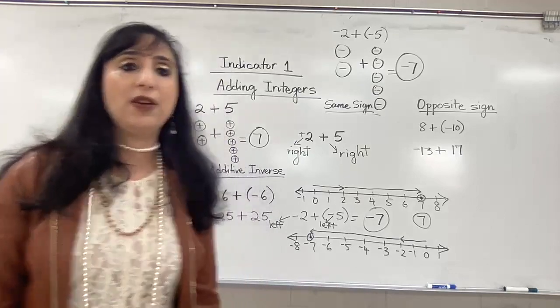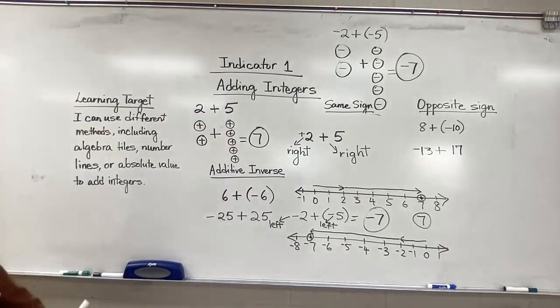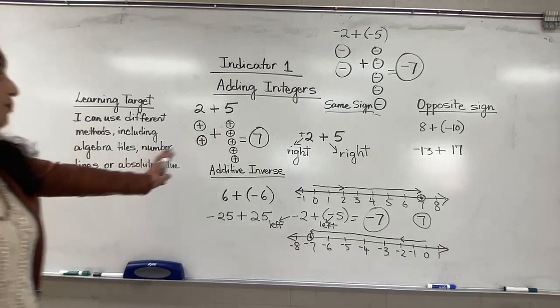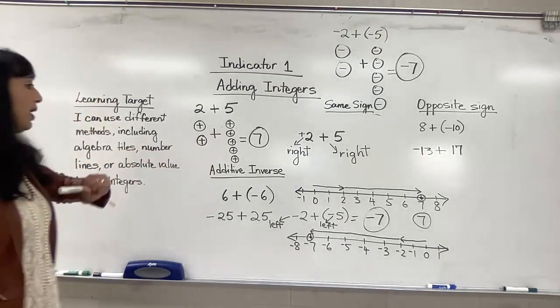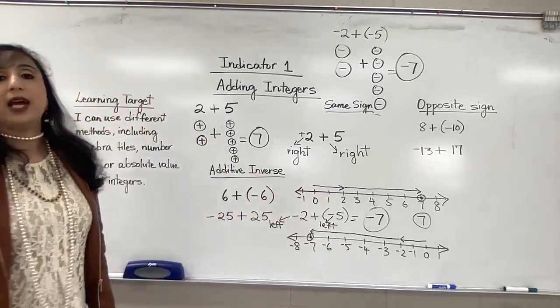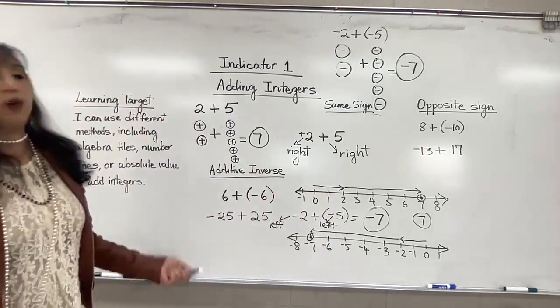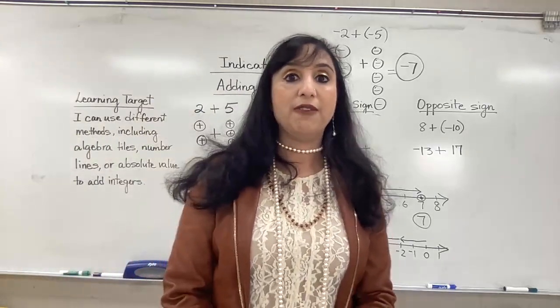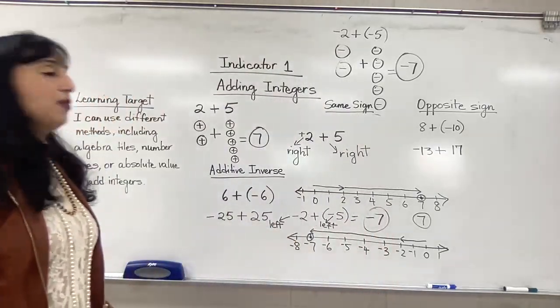So these are the three ways of our learning target. The algebra tiles, which is this one, number line, which is this one, and then the absolute value one is what I had shown you earlier using absolute value symbols and how to solve that.